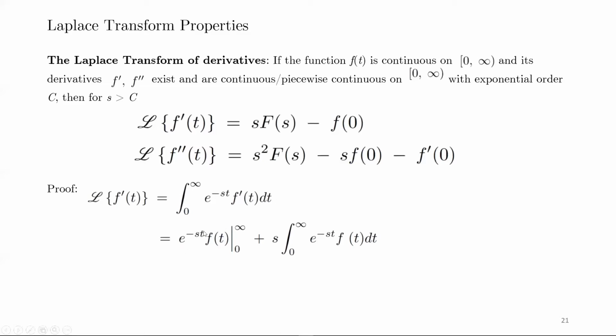So e to the minus st times f, evaluated at infinity and 0, plus s times the integral from 0 to infinity, e to the minus st times f of t dt. This second term here, this integral term, this is the definition of the Laplace transform of the function f of t. So I can actually write that as s times the Laplace transform of f of t.